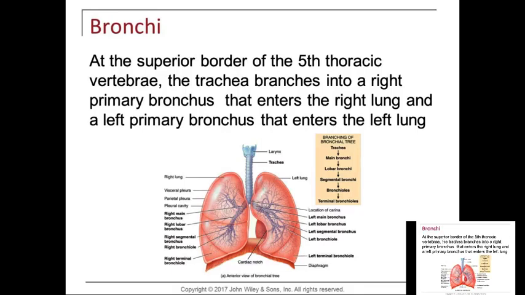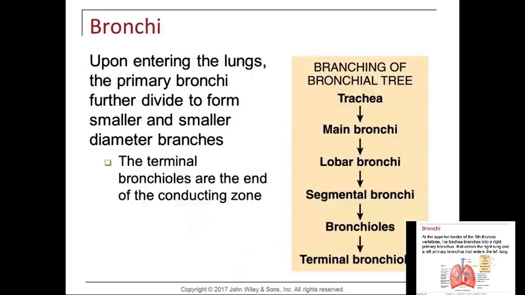Okay, this again is just another picture of the bronchial tree, and they have different names: primary, secondary, tertiary, sometimes they call it trachea, the main bronchus, lobar, segmental. Okay, that would be like primary, secondary, and tertiary bronchi.